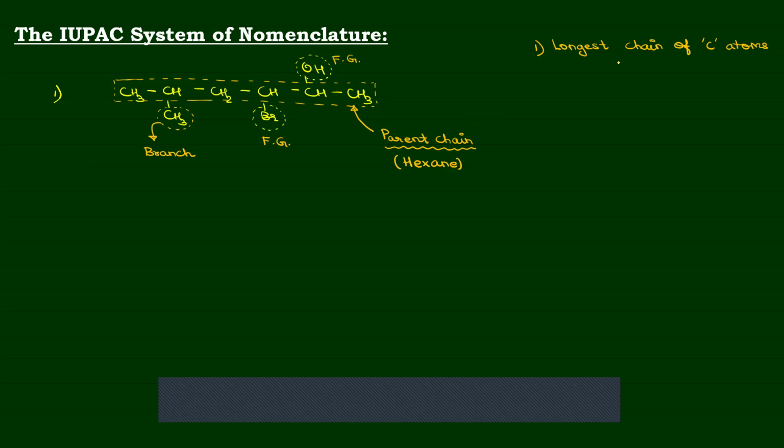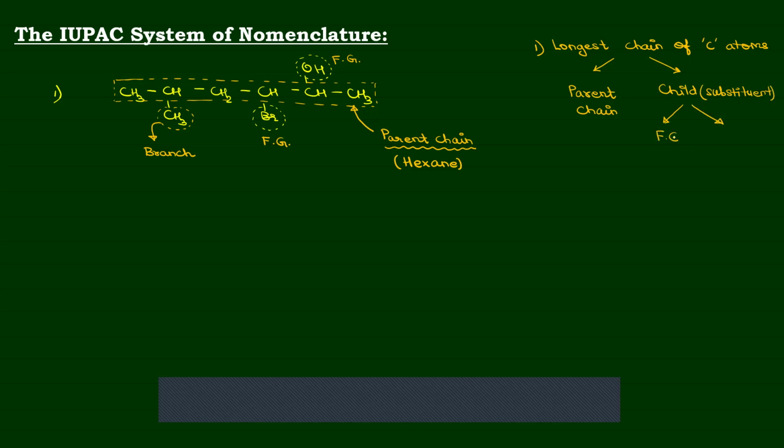So from rule number 1, after we select the longest chain of carbon atoms, we get two pieces of information. One is the information about the parent chain, and the other is the information about the child, which we alternately call the substituent. So it's simple: whatever is not part of the parent becomes the child. The child can be categorized into two types.